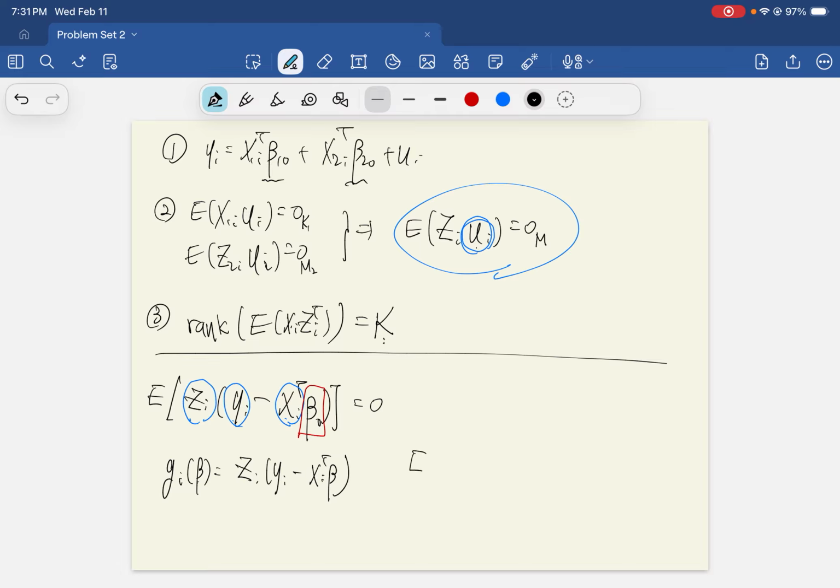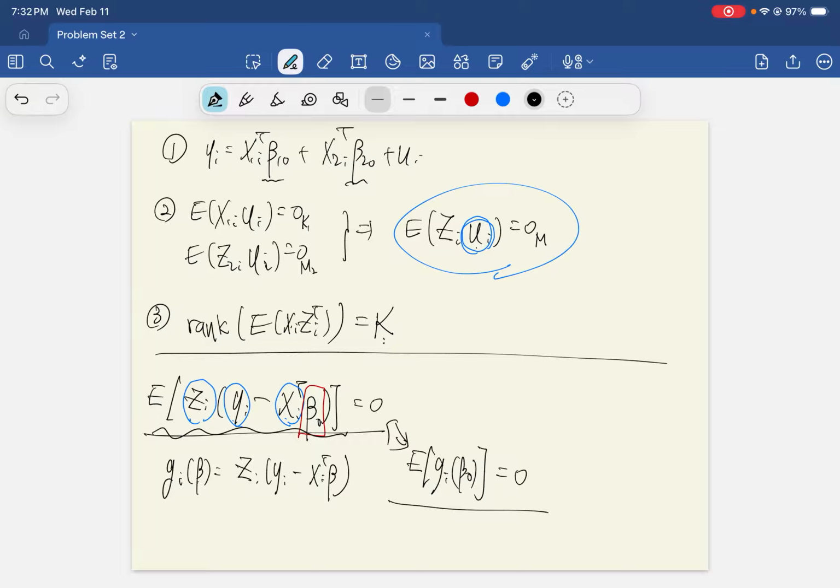Then g_i(beta 0) is 0, because this is our assumption, and these are the same statement. So the next question is: is beta 0 the unique solution or not? That is the identification problem.